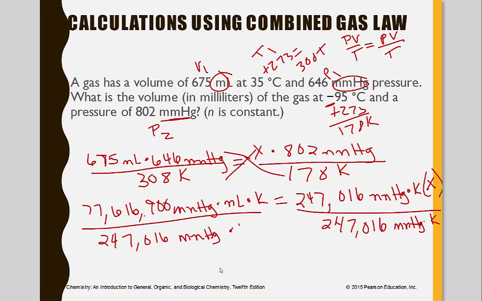When we do this, the right side cancels out for all but X, and then on the left side, the millimeters of mercury cancel out, and the kelvins cancel out. That leaves us with milliliters when we're done. And that comes out to be 314 milliliters. It's a longer question, but the process is still the same.